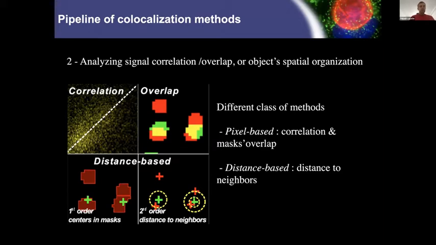For those of you that watched the webinar of Fabrice Cordelières last week, he talked about first order statistics, where you look at whether or not the centers of some objects are inside the mask of the others. More generally, there are a lot of second order distance-based approaches. In those approaches, you look at the distance between neighbors.